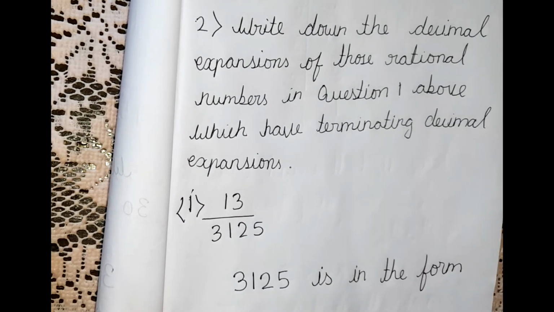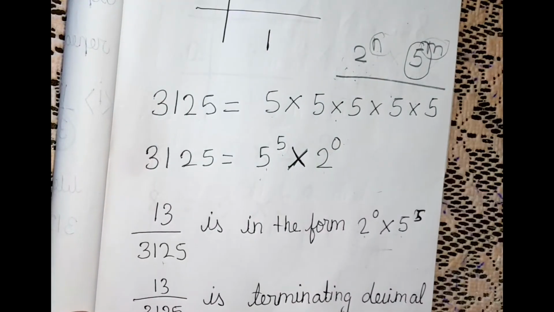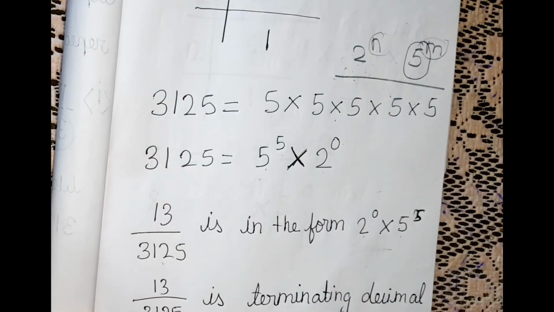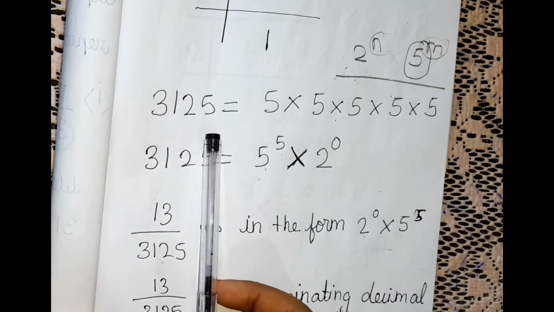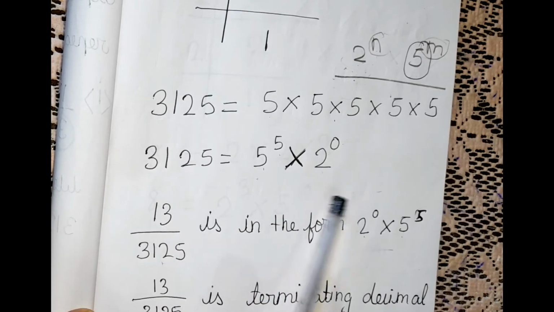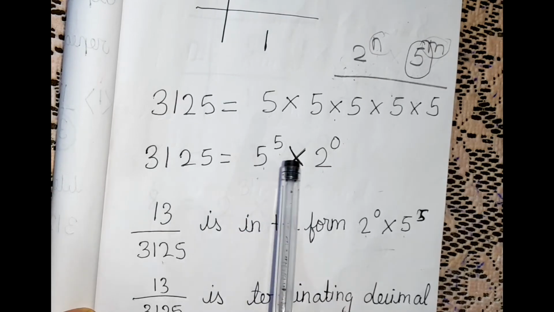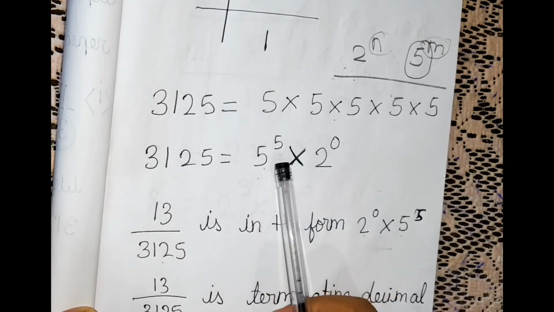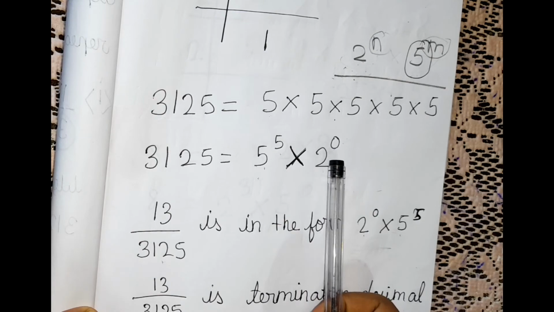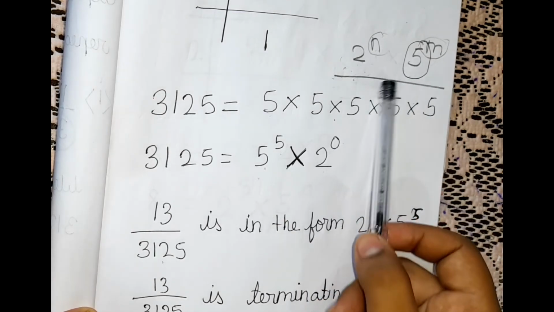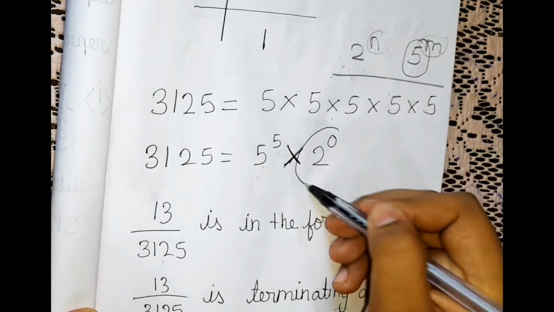Let me show that. This is question number 1. Here for 3125 we found the prime factorization. The prime factorization is 5 power 5, and this into 2 power 0 we wrote because when we use this form we just wrote 2 power 0.